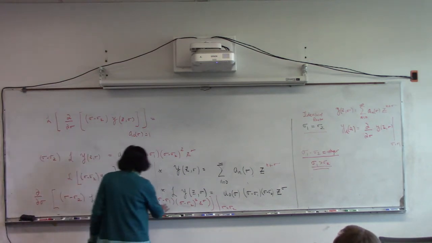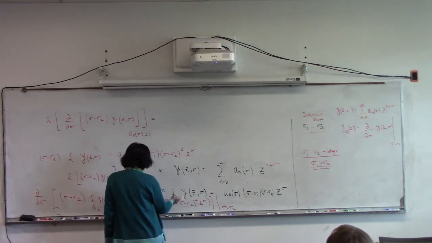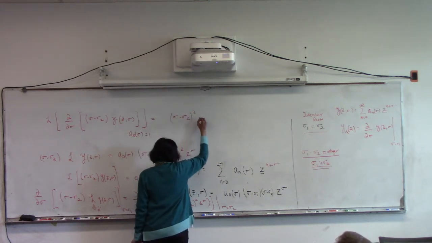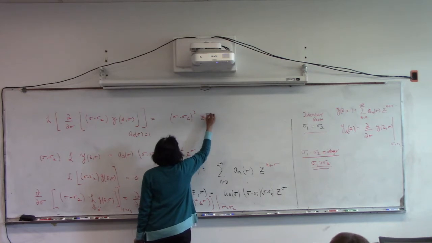Maybe we can look at it. Okay. Of course, one of the terms will be sigma minus sigma 2 squared, z to the power sigma, right?